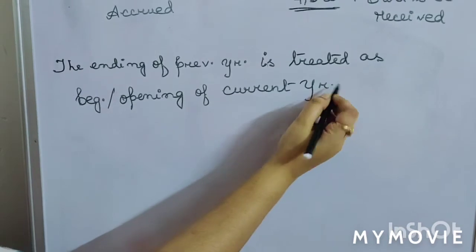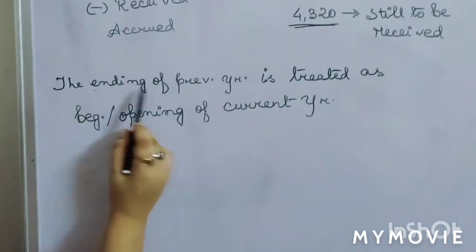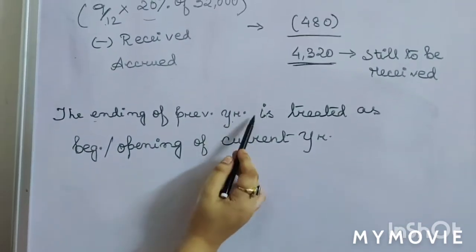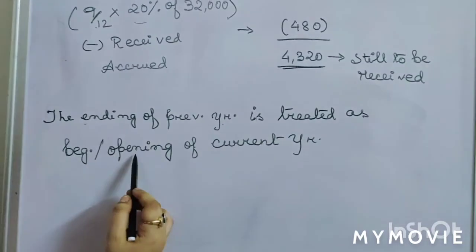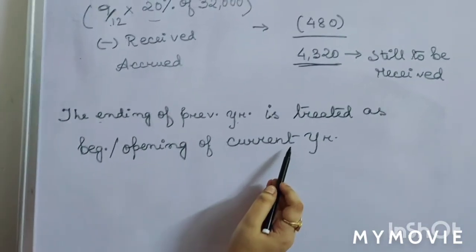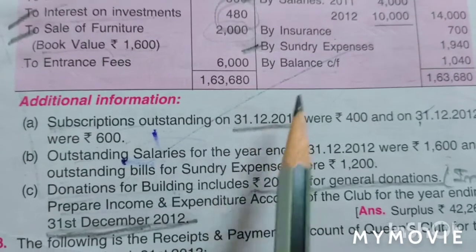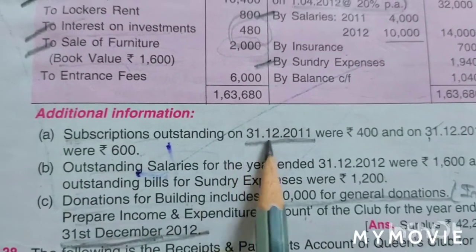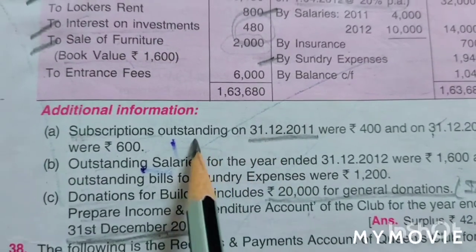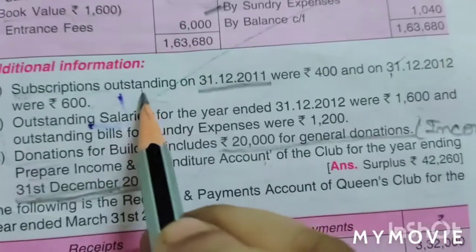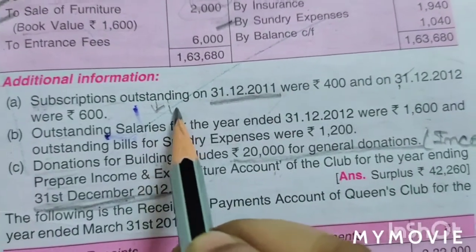So any balance recorded in the ending of the previous year will come forward in the beginning of the current year. This means that subscription outstanding on 31st/12 is the outstanding in beginning.